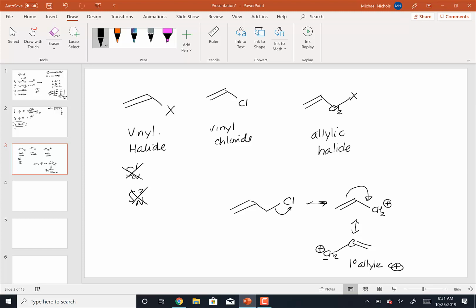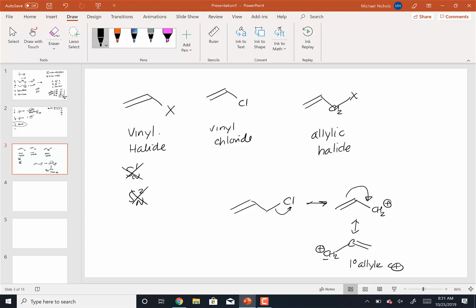Now, where I would place this on the ranking list, I always think of these things as having probably stability close to a tertiary carbocation, but ranking them is sometimes kind of difficult. But it is stable. And it's stable because it has two resonance structures. If I made that a secondary carbocation, no problem, it's very stable.